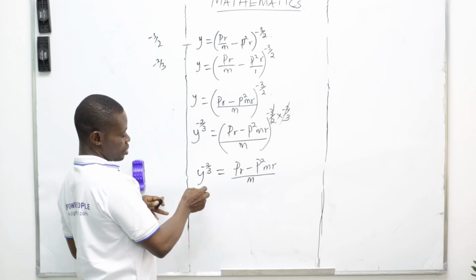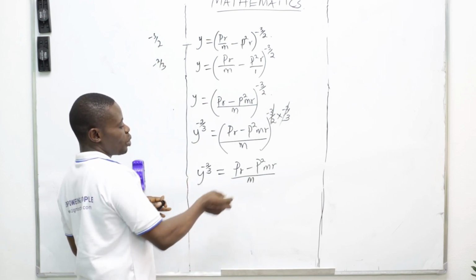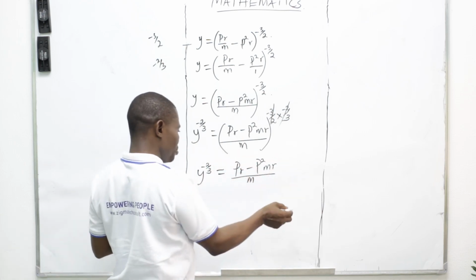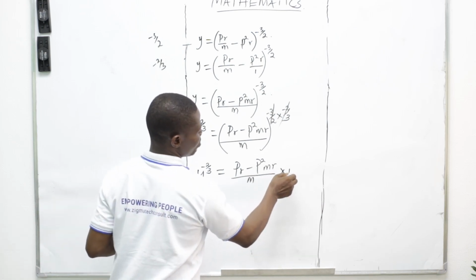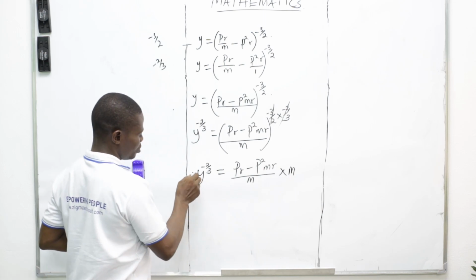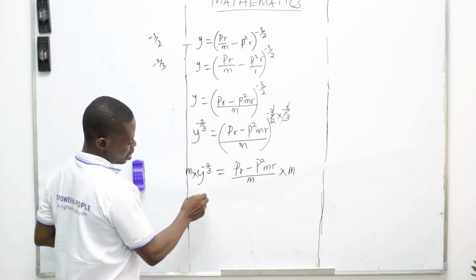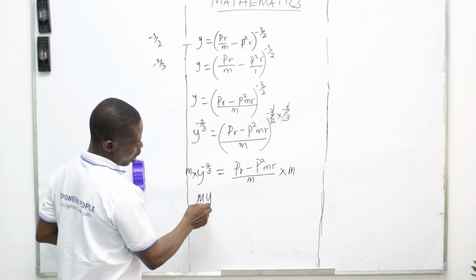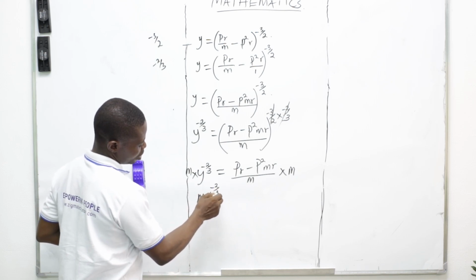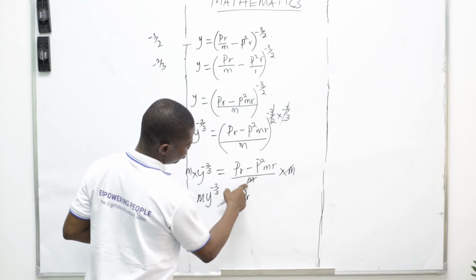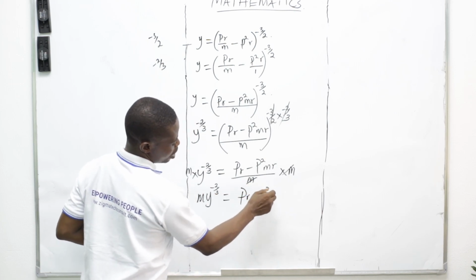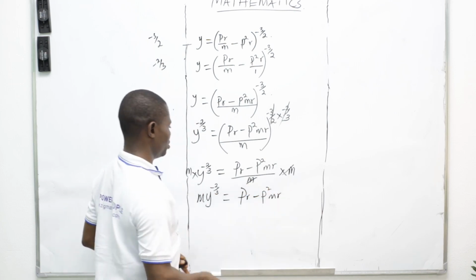So we're going to cross multiply, or multiply both sides by m, meaning m y raised to the power minus 2 over 3 equals, cancel, cancel, PR minus p squared mr.